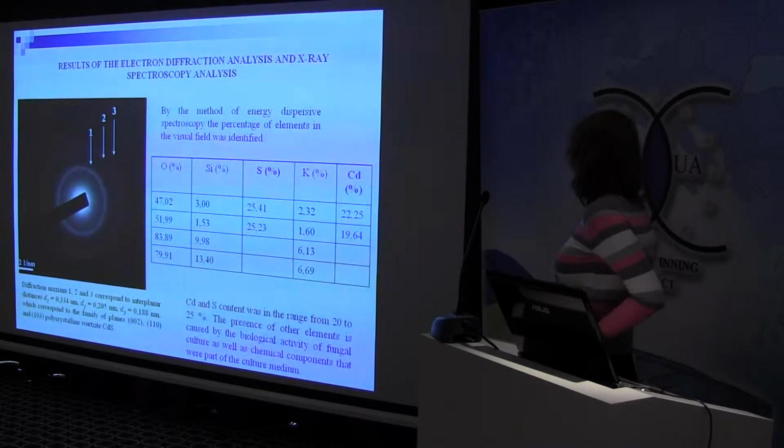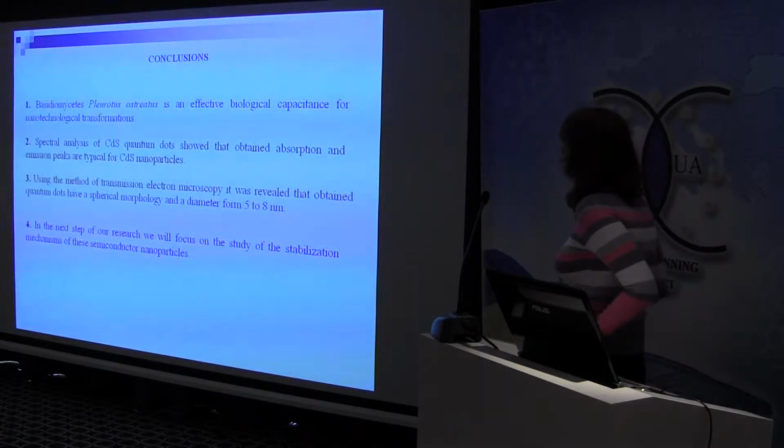Besides, there were other elements in our sample, for example, oxygen, silicon, and others. Their presence is caused by the biological activity of the fungus, as well as the chemical components that were part of the culture medium.